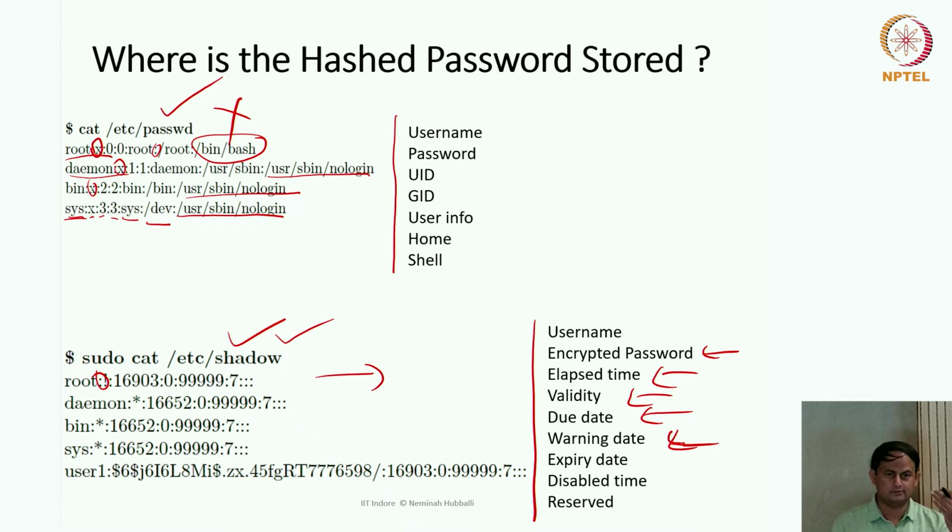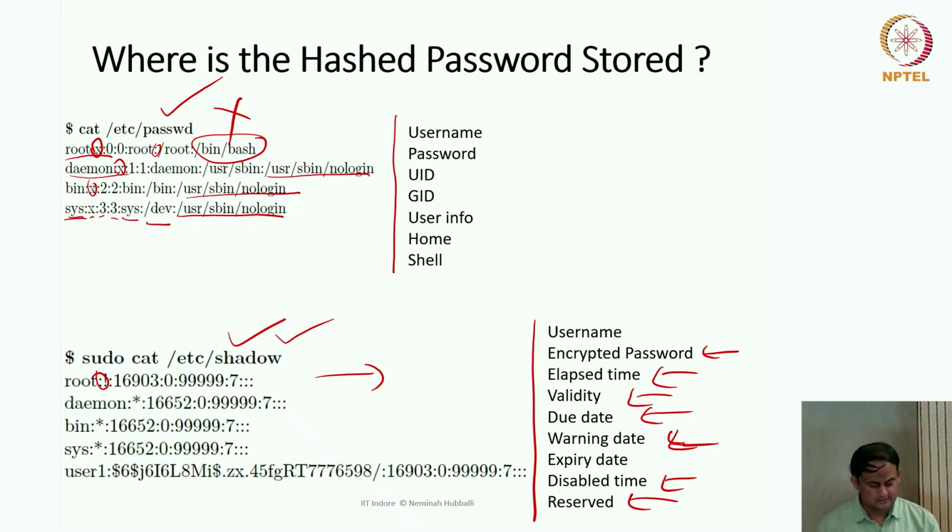So you set some timer; before the password expires you give the warning, and then there is an expiry date for that particular password. And if the password has expired, since when that password has expired is the disabled time. So all these timers are inside the rows, and the last column is left open for future use.